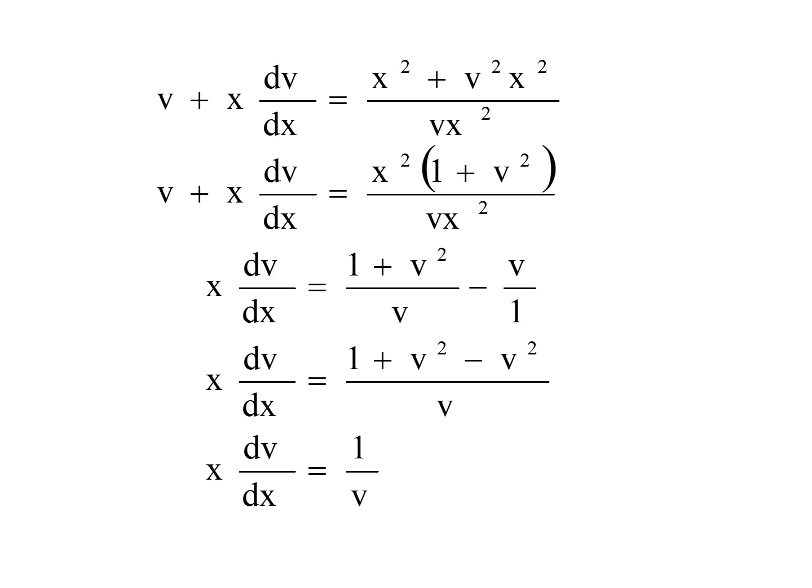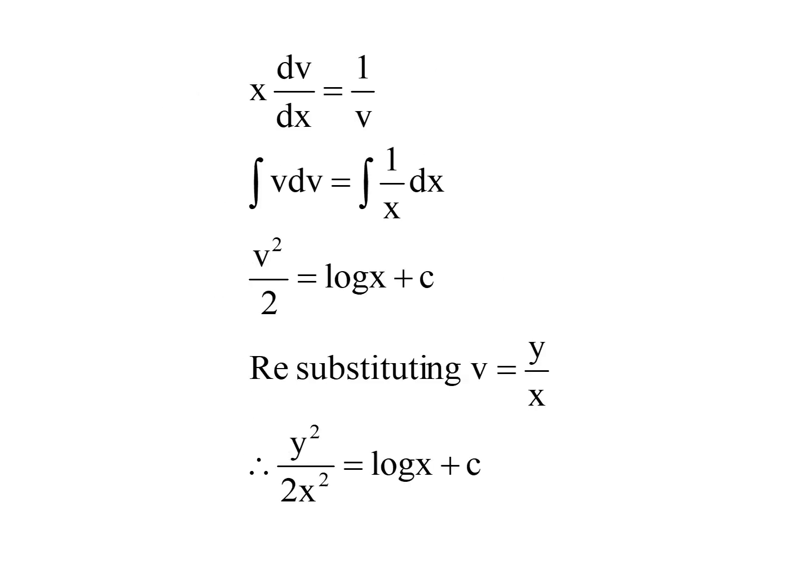Again write down the left side as it is, x into dv by dx is equal to, if you look into the right side part, plus v square minus v square cancel, the leftover part is 1 by v. x into dv by dx is equal to 1 by v.